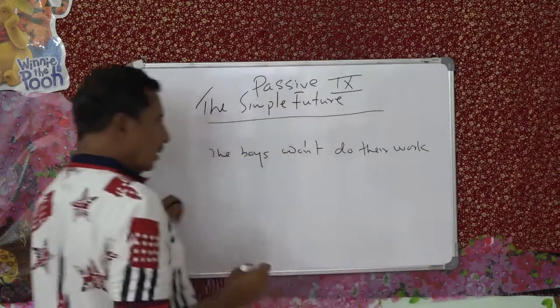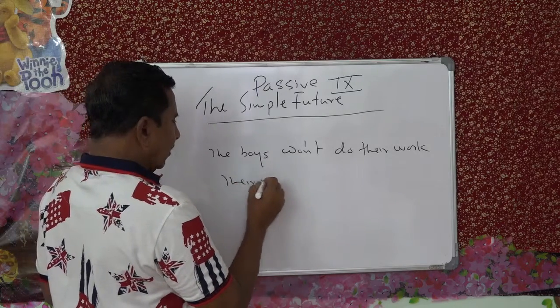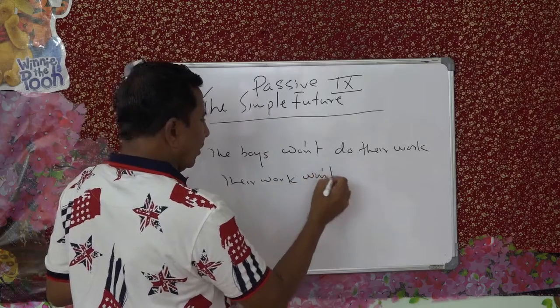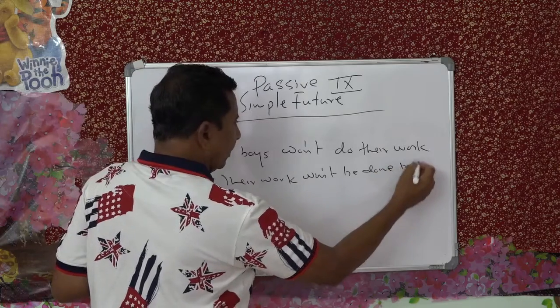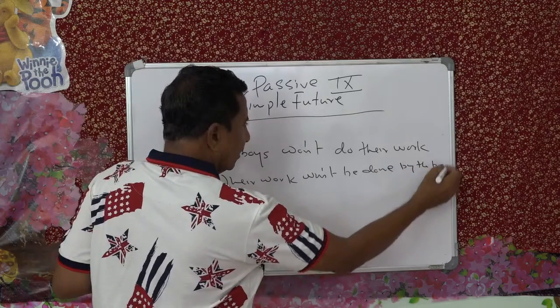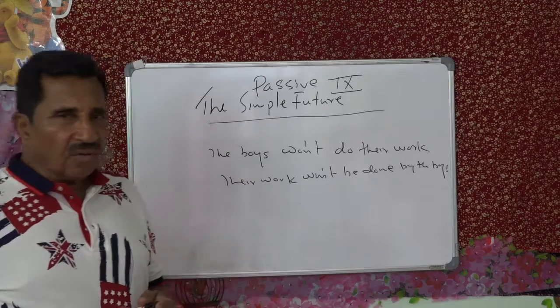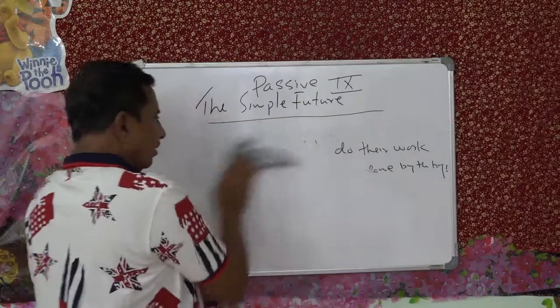So their work won't be done by the boys. Simple. Same as well. Just will not, and you have won't, that's the short form. Is that clear?